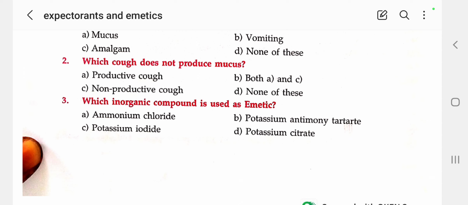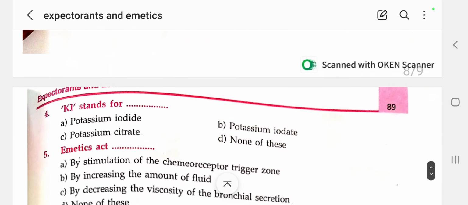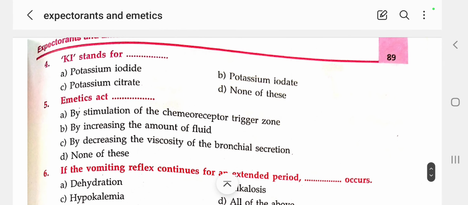That is sodium potassium tartrate, sodium instead of antimony. Sodium potassium tartrate.